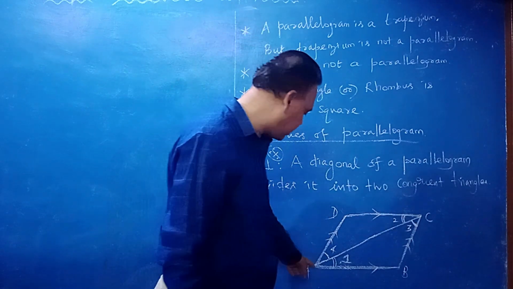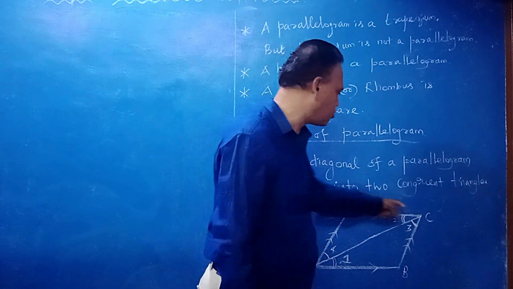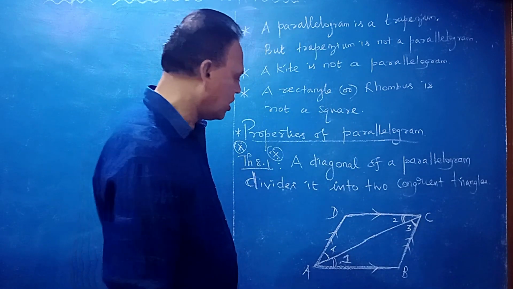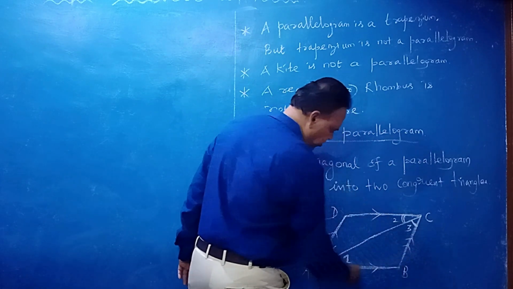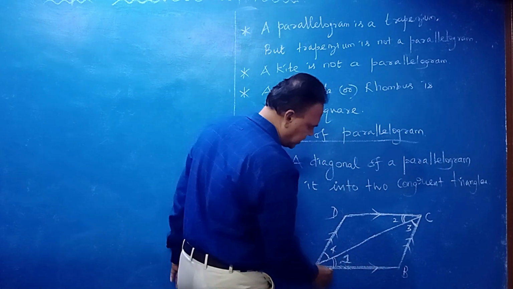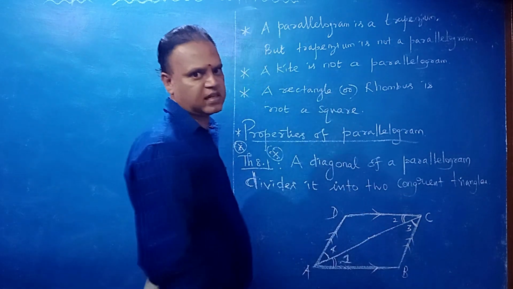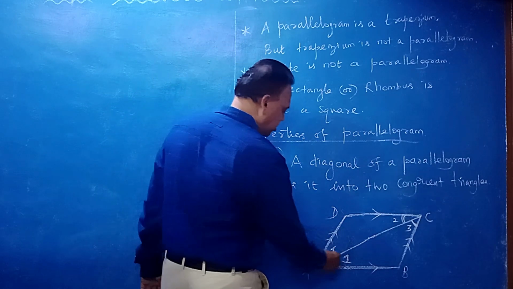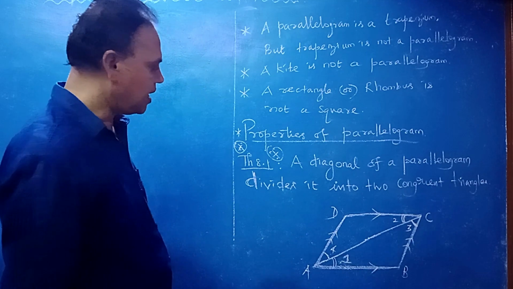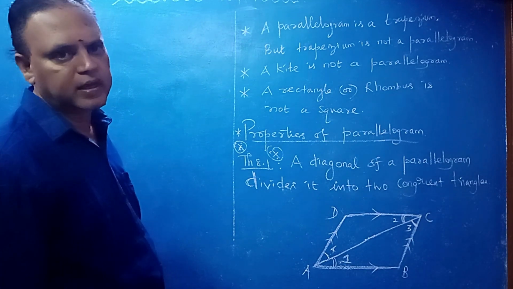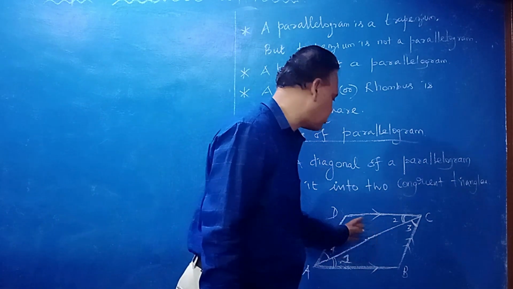Triangle ABC is congruent to triangle ADC. By which congruence? In this triangle you get angle, side, angle, that is ASA. Here also in this triangle, angle, side, angle. Clear? So using this congruence rule, these two triangles are congruent.